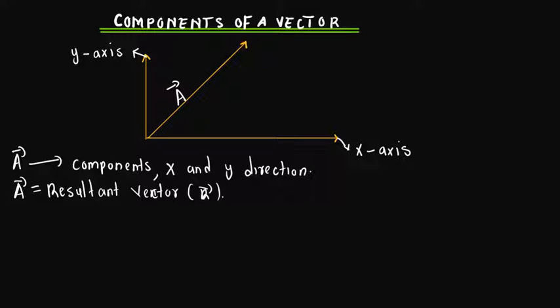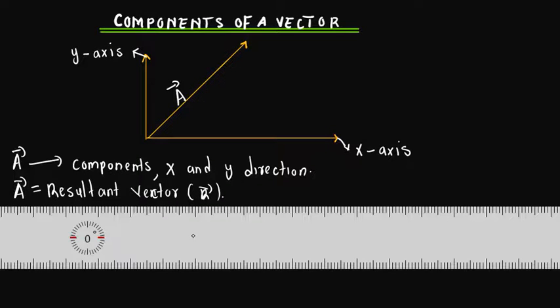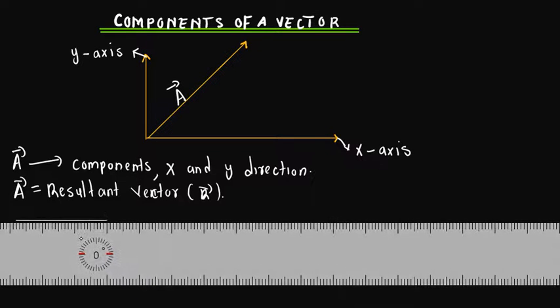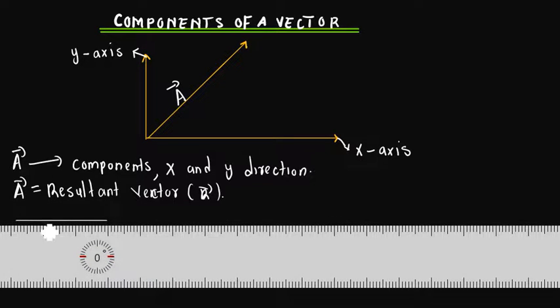Now, how do you come up with those components? Let's make simple calculations. In the x-axis, A vector is going to have this particular component. Let me try to put everything neatly.